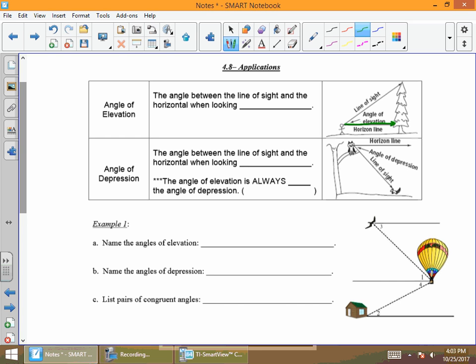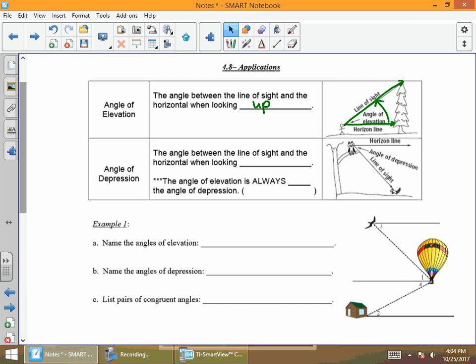The line of sight is the line at which his eyes are actually looking. And the angle that's created between those two lines is called the angle of elevation. And notice that it goes up.